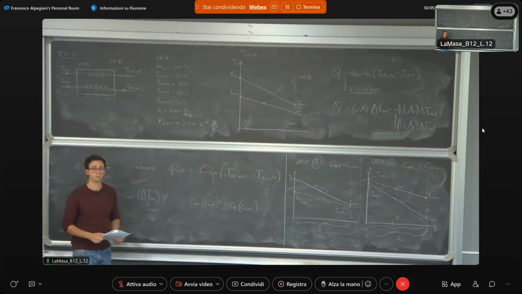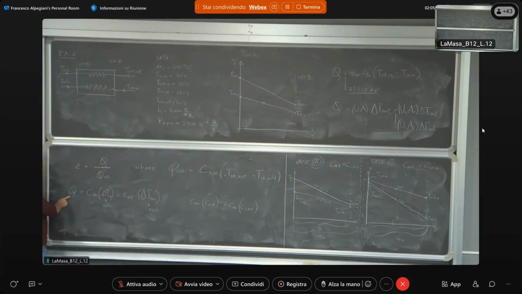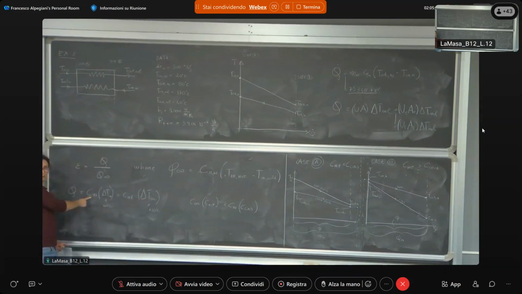Can you repeat why you understand that? Okay, because you know that Q is the same, and you can write heat in terms of both heat capacity of the oil times delta T of the oil, and heat capacity of water times the delta T of water. Since the delta T of the water is lower, the heat capacity of the oil will be lower to expect the same thermal power.